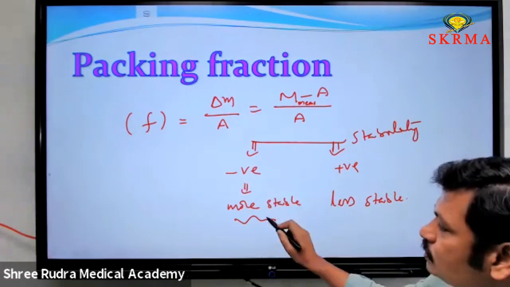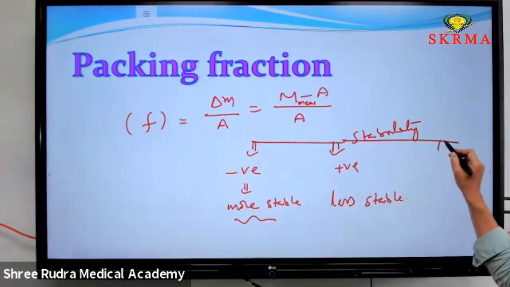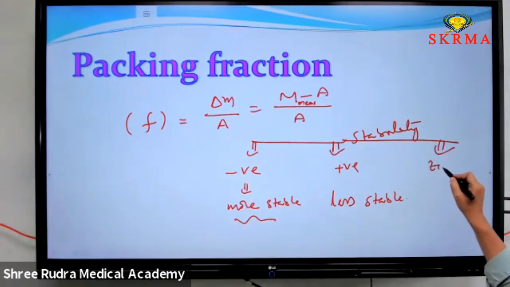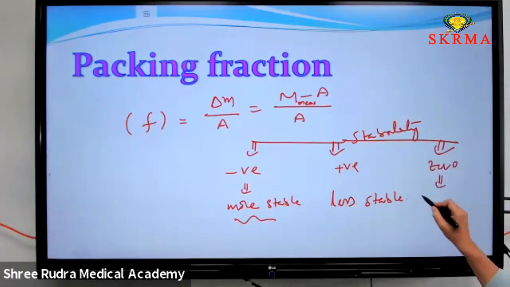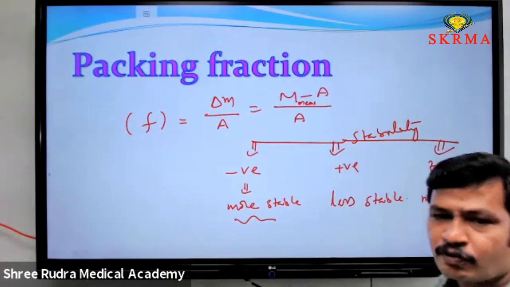If it is negative, that is more stable. If it is positive, that is less stable. And there is another case: if it is 0, then that is said to be moderately stable. These are the three cases that arise in the concept of packing fraction.